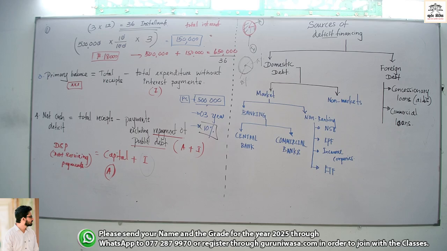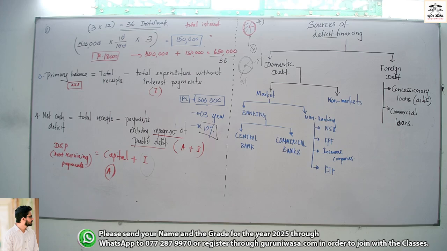Yes. Then when calculating primary account balance, should we deduct interest or shouldn't we deduct interest? Forget that equation. Tell me the concept. Just focus on the concept. When calculating primary account balance, should I deduct interest or not?